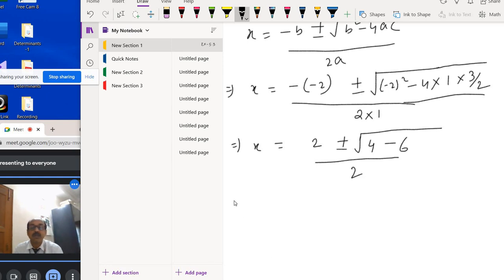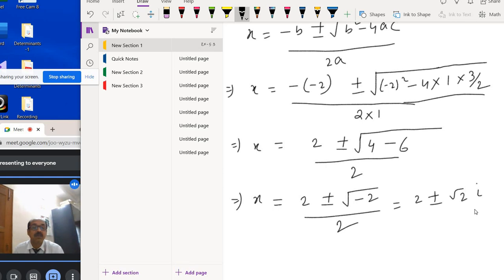Okay. Now this means x equal to 2 plus minus root over 4 minus 6, that is minus 2, by 2. Okay. And this equal to 2 plus minus root 2 i, under root minus means i, by 2.